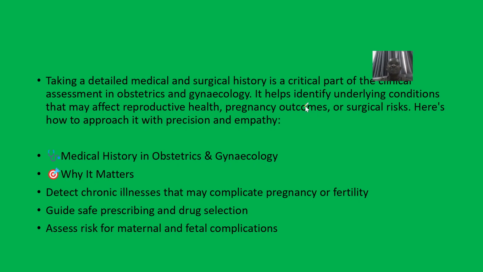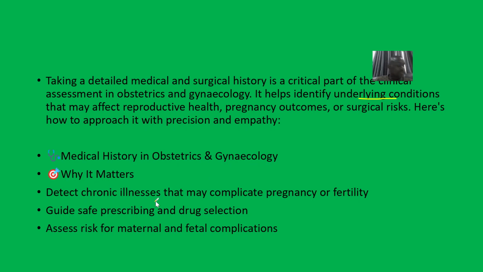It helps to identify if this person has some underlying conditions which may have affected their reproductive health, how their pregnancies will go, or if you do a surgery on them now, whether any effects will come up. So for medical history in obstetrics and gynecology, what are the things you are trying to look at?